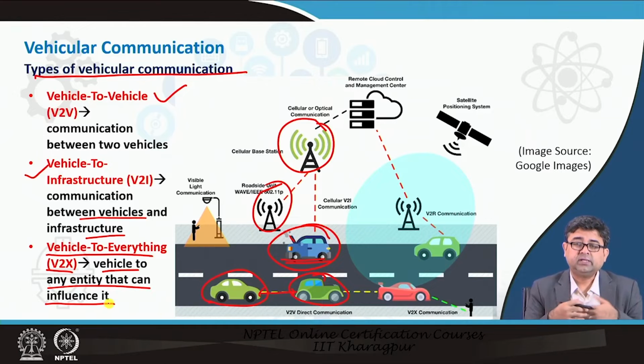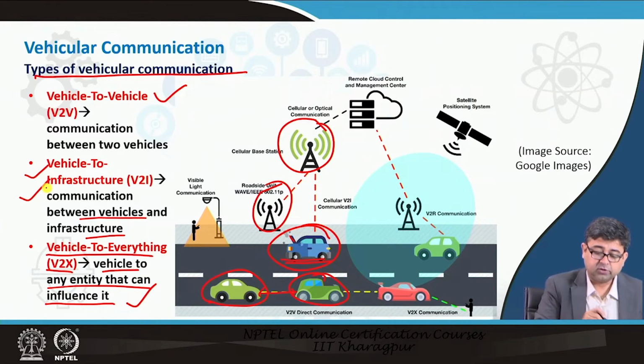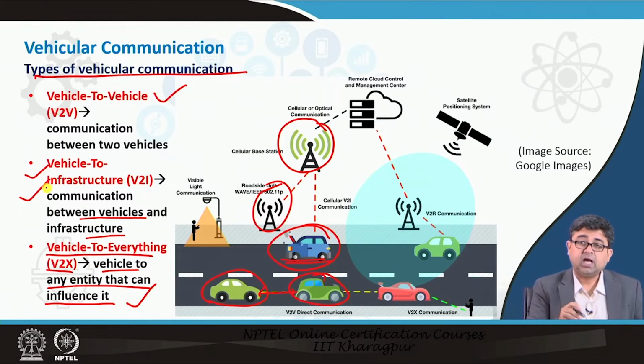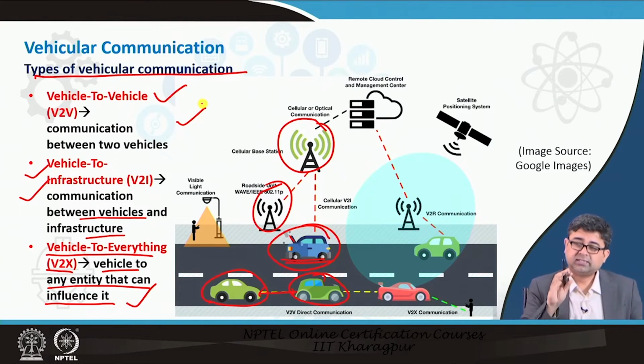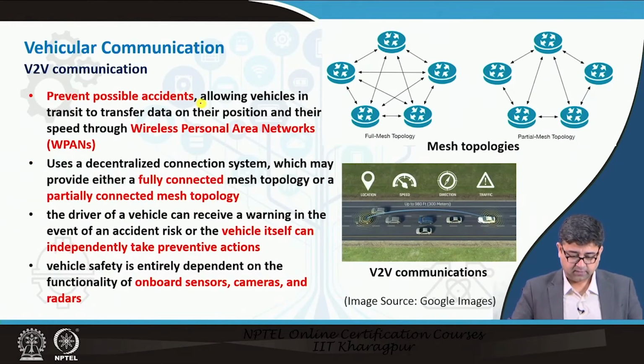So, that is the ultimate aim, that the vehicle should be able to communicate to anybody who can influence it. We are still at a nascent stage in that. However, there is a lot of vehicle to infrastructure communication happening, and some vehicle to vehicle communication is happening, and we'll tell you how it is happening.